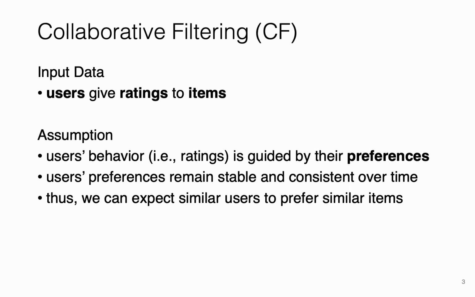This means that we can expect to see similar behavior from a user as the user has shown in the past. Moreover, if we look at two users who are considered similar, we can expect them to like the same or similar items.